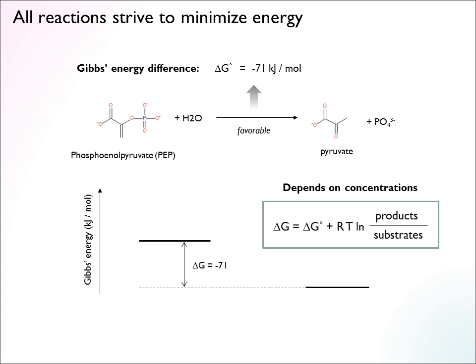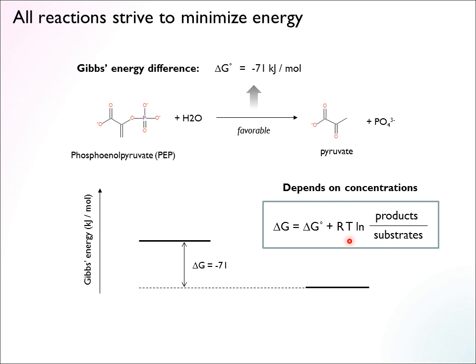The actual delta G that we're interested in depends on both the standard value, which we put in here, and then it depends on the logarithm of the reaction quotient, which is the concentrations of the products divided by the concentrations of the substrates. This is a very weak dependence because it's logarithmic, but if you have a lot of products and very little substrates, then this term is going to start to get large.